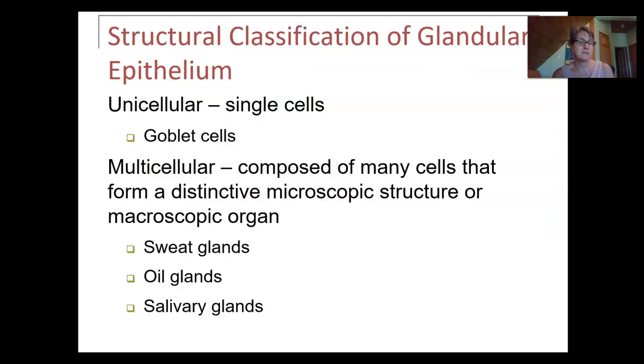Okay, so glandular epithelial can be one cell only, a single cell, or it can be many cells making a gland: oil gland, sweat gland, salivary glands, and so on.